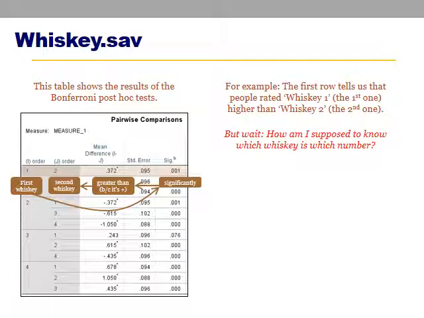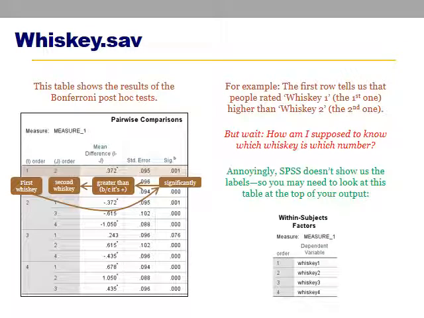The one thing that's confusing about this output is it doesn't show us the verbal labels that correspond to each of the 4 measurements. Now in this case, it just so happens that 1 corresponds to the first whiskey, 2 corresponds to the second whiskey, and so on. But if these groups weren't in that order, we could use the table at the very top of our output, the table labeled Within Subjects Factors, as sort of a key to understand which of these comparisons corresponds to which of these groups.